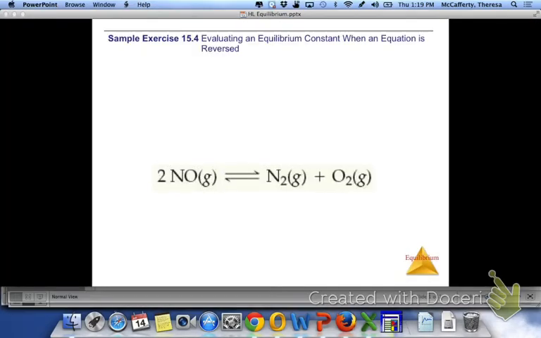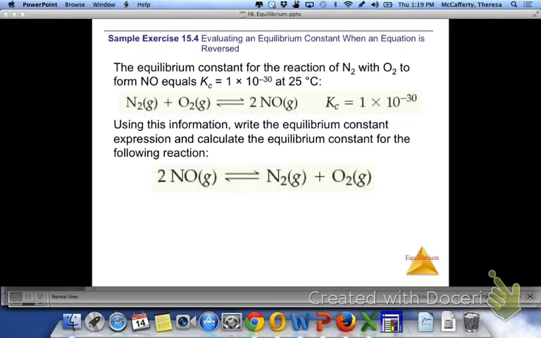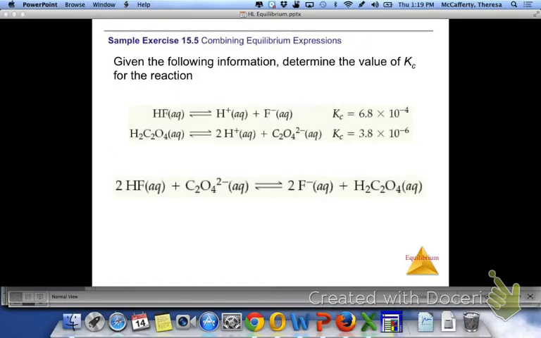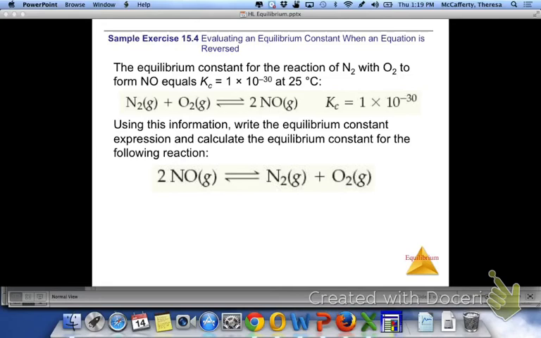All right, so if we look at this problem, the equilibrium constant for the reaction of N2 and O2 gives me a value of Kc is 10 to the negative 30th.